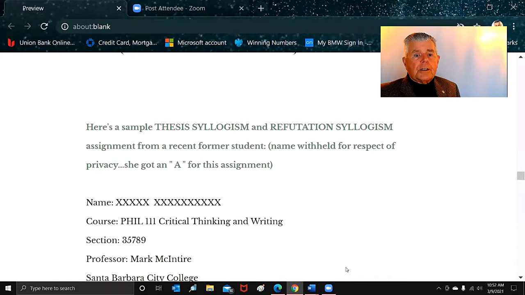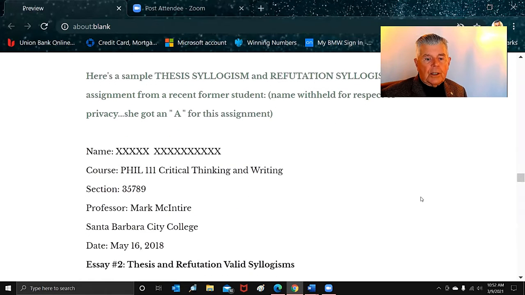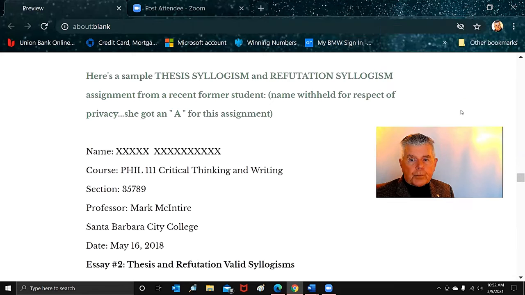So here's a sample from, when is this? This is 2018. Here's a sample syllogism from a student that submitted her thesis syllogism and her refutation syllogism. This was their essay number 2 assignment in their 16-week course.